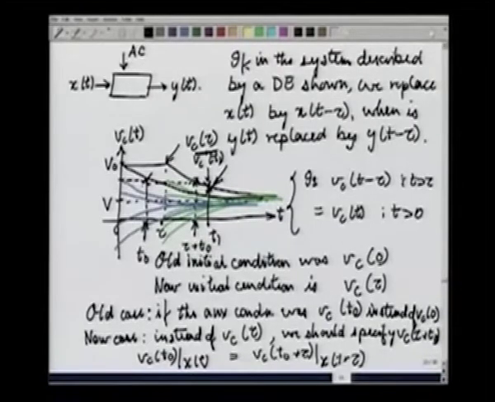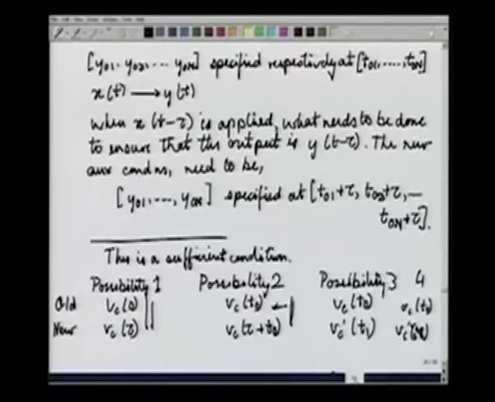So, here you have specified this number, for the new curve you specify this number, that is also fine. So, there are several ways of doing it, but the simplest of them is to simply shift all the time instants of specification of initial conditions by the same amount as the input signal has been shifted.